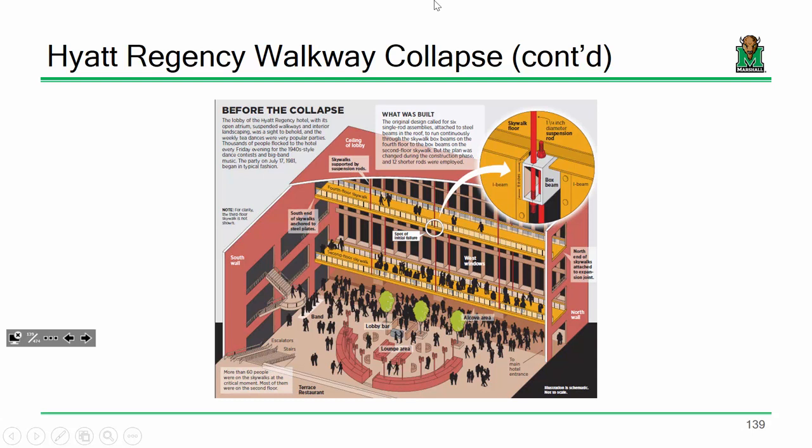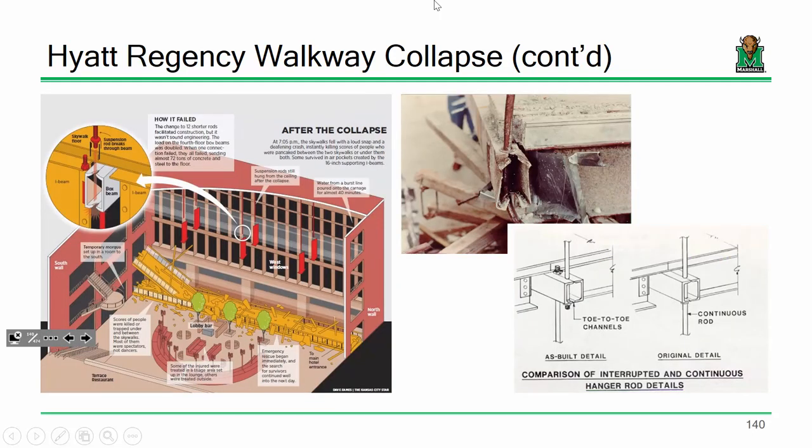Well, they reached the design load, and what happened was this. This connection right here on the fourth floor skywalk, you can see in this zoom in, we've got a number of these threaded rods that are threading into this box beam, which was essentially two channels welded together. Well, once they reached a certain load, it snapped right through.